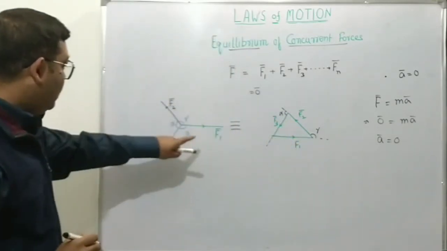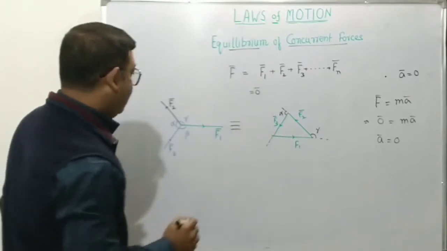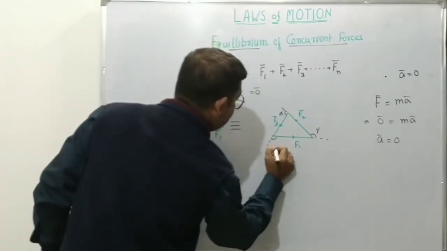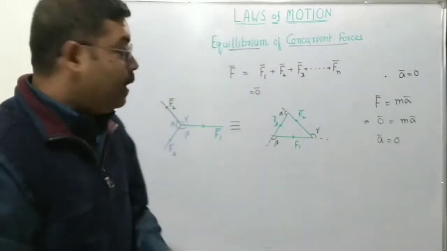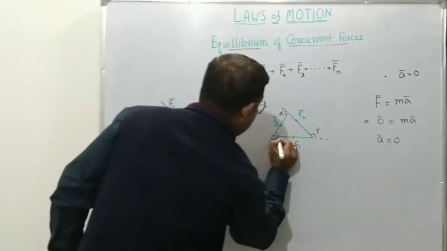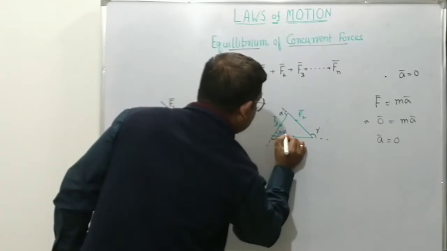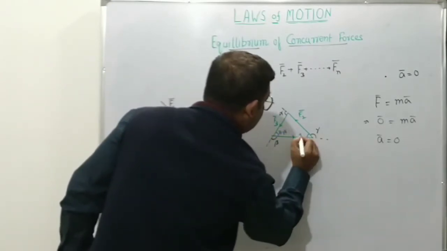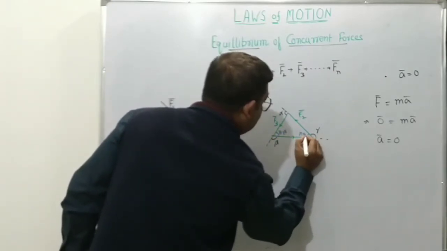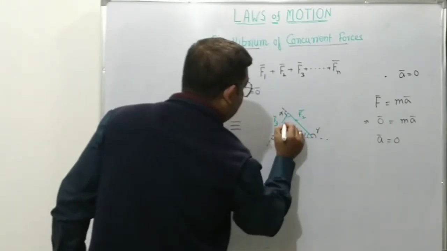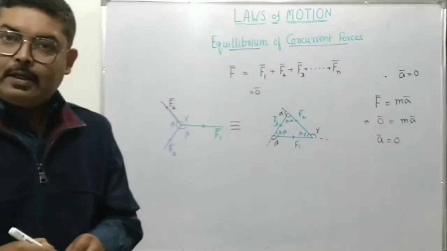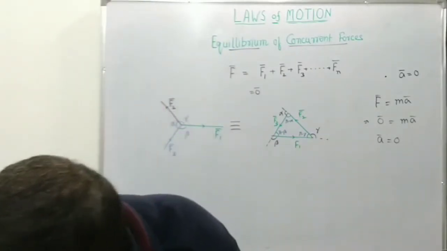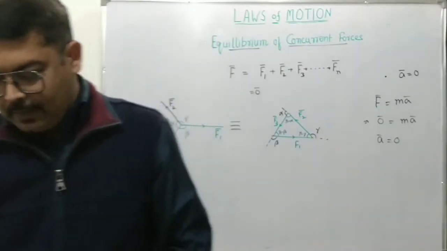And the angle between the directions of F1 and F3 was beta, so this will be beta. From the geometry of the problem we can also see that this angle should be pi minus beta, this angle should be pi minus gamma, and this angle should be pi minus alpha, or 180 degrees minus alpha, 180 degrees minus beta, 180 degrees minus gamma.